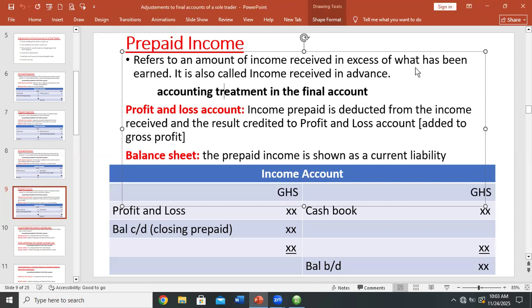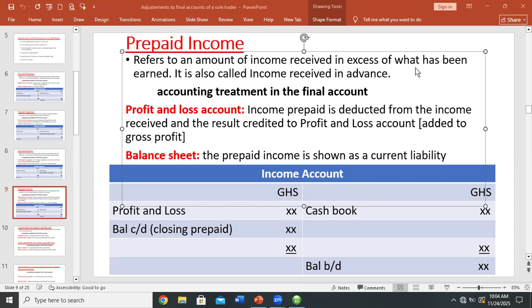Prepaid income refers to an amount of income received in excess of what has been earned. A typical example would be Mr. Amwa receiving his December salary in November. I've not earned the December salary, but we are still in November.